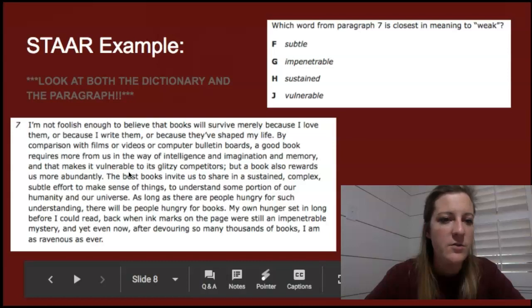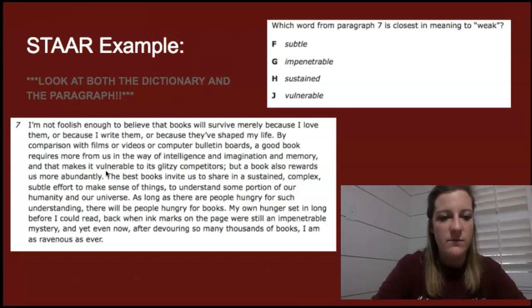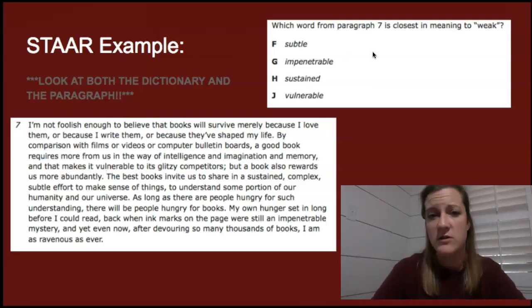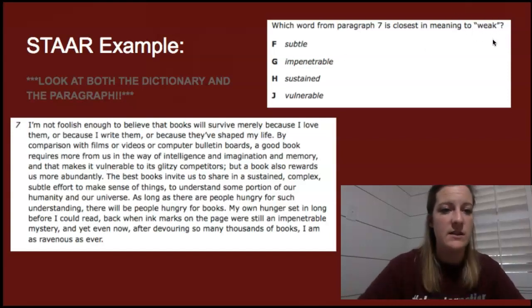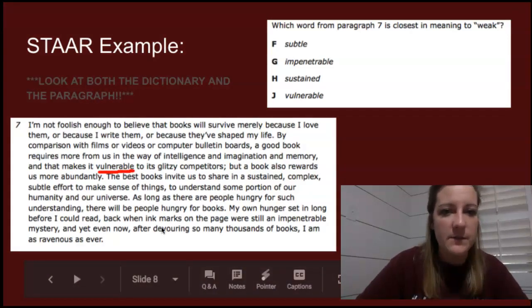Okay, so vulnerable in this context, understanding how the connotation of the word vulnerable and the actual definition of the word vulnerable, it could turn into the closest meaning to weak. So let's just hold on to that and make sure we're thinking correctly. Okay, so we keep reading.